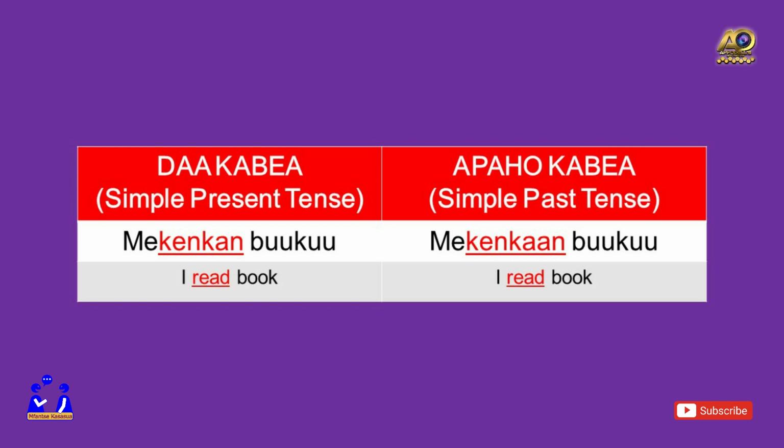Now, let's identify the last vowel in this verb, that is kinkan. The last vowel is E, and we call E in Fante ah. We have doubled it. So you see here in the simple past tense, we have mekinkan buku.